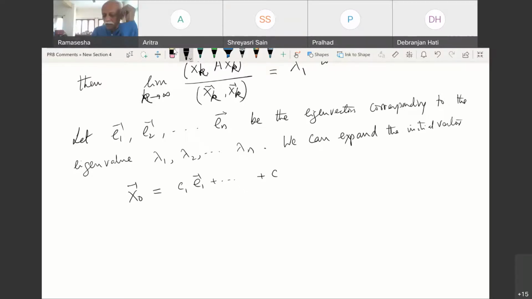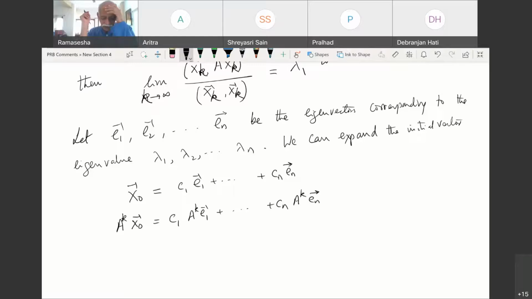Okay. Now, from a to the power k x, this one: C1 a to the power k times E1 plus etc. plus Cn a to the power k times En. Right?